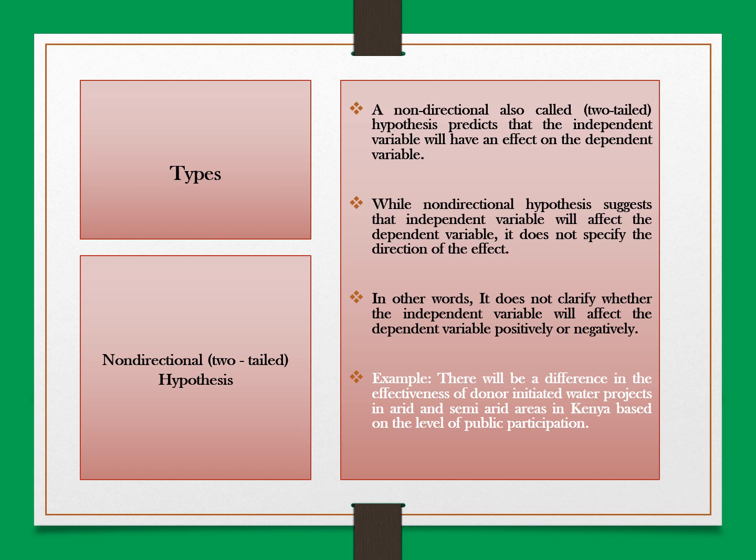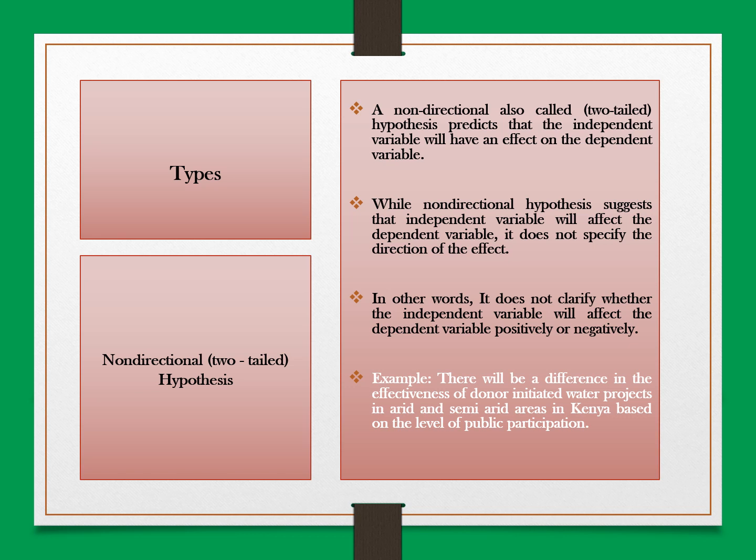Another type of hypothesis is called a non-directional or two-tailed hypothesis. This type of hypothesis predicts that the independent variable will have an effect on the dependent variable.